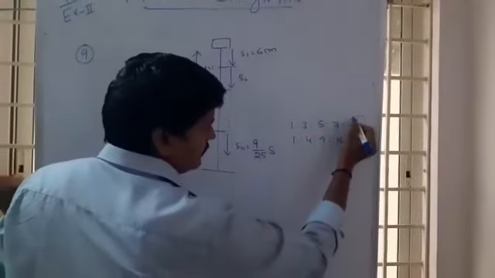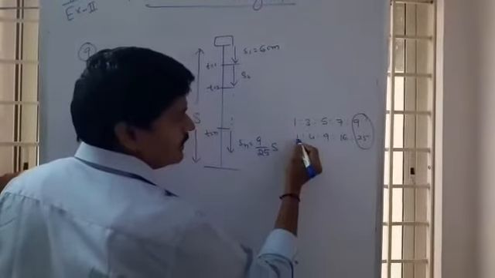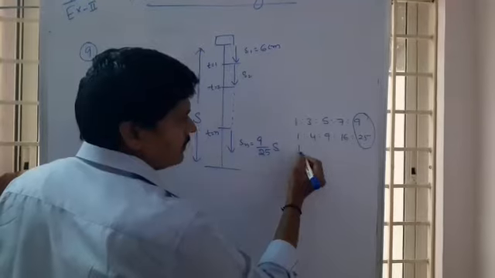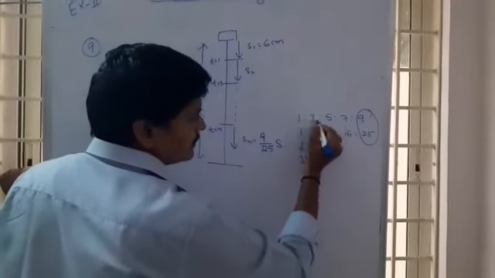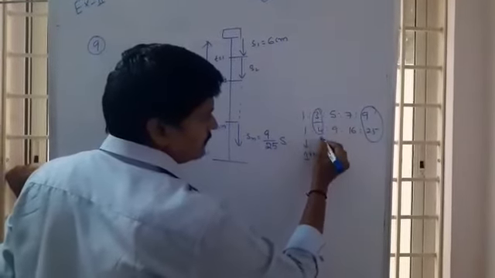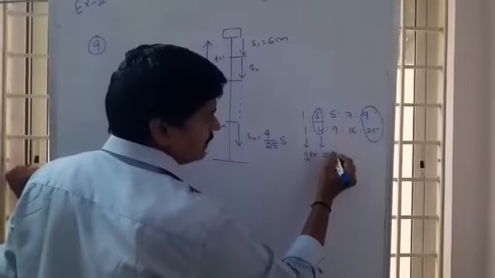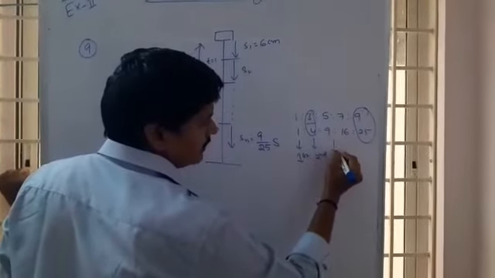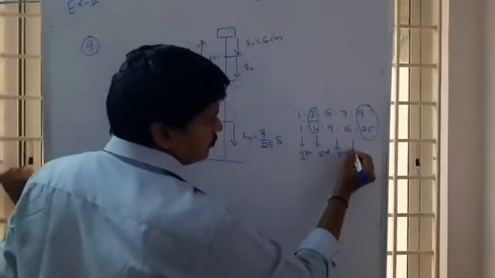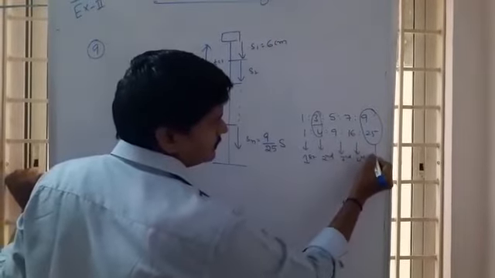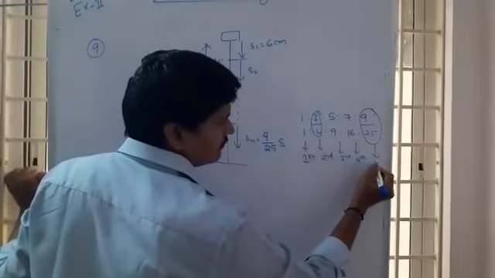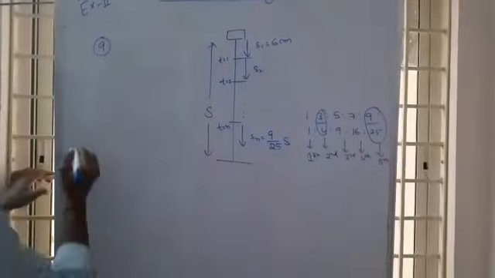Here this distance will be covered in the first interval. Next, this ratio of the distance will be covered in the second interval, like this way third, next fourth. This is the ratio covered in the fifth interval.